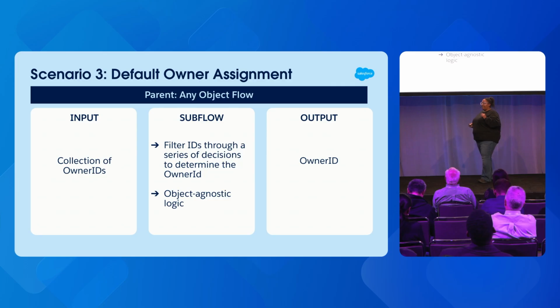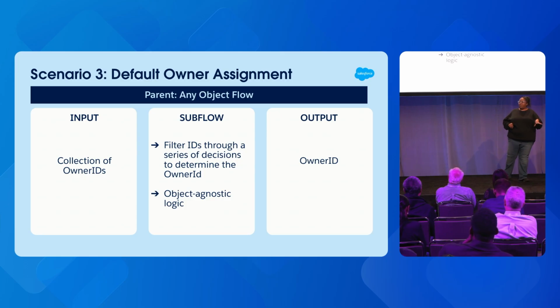The next one is something that, if you make a subflow object agnostic, it also allows you to do things like owner assignment. And this doesn't apply to everything. I had a situation where I was asked, can you assign to the person who owns the least amount of records, or the fewest amount of records?